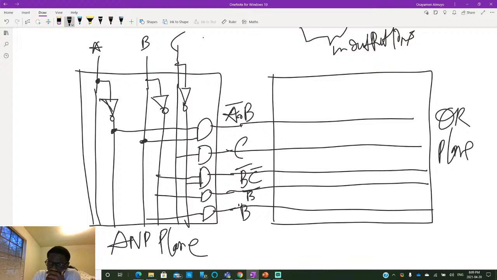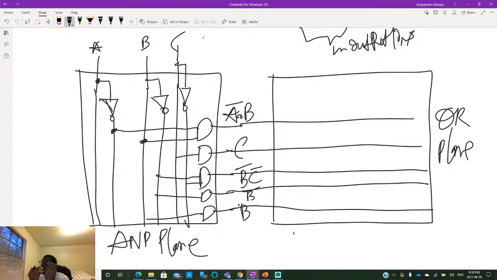And you would have OR gates equivalent to the number of outputs that you desire. So in this case, let's say we wanted just two outputs.